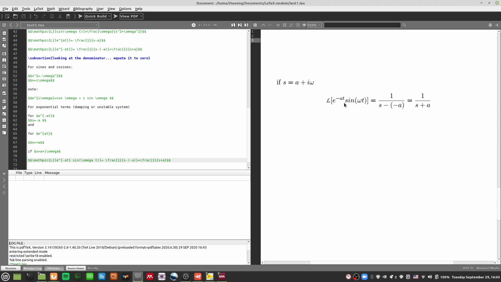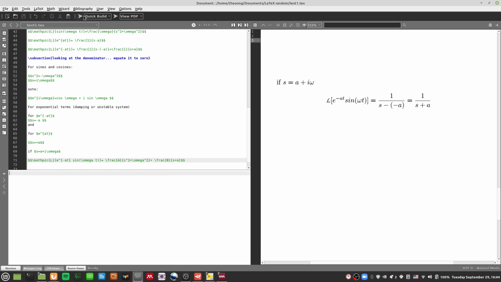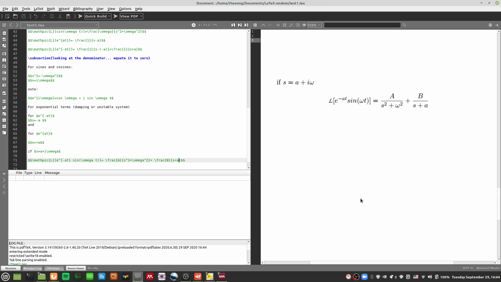What can you expect this to be? You can expect it to be in this form. You can either have a partial fraction or something. So a fraction a over s squared plus omega squared plus fraction b over s plus a. You can sort of guess a Laplace transform for this kind of equation, and you will actually be right.